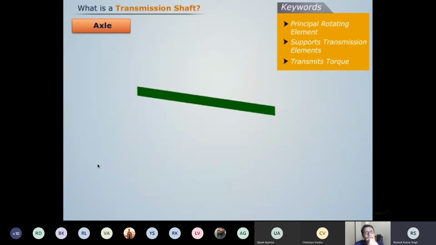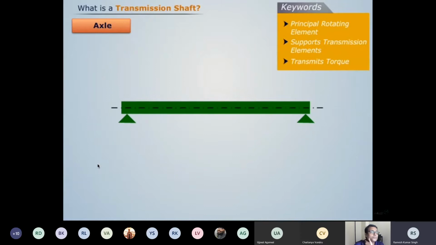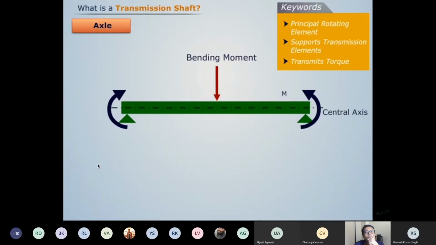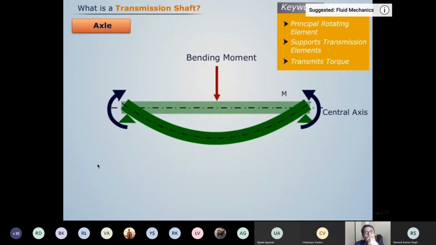It is used for the transmission of bending moment only. Note that an axle which balances the bending moment and transmits torque as well is called an axle shaft.